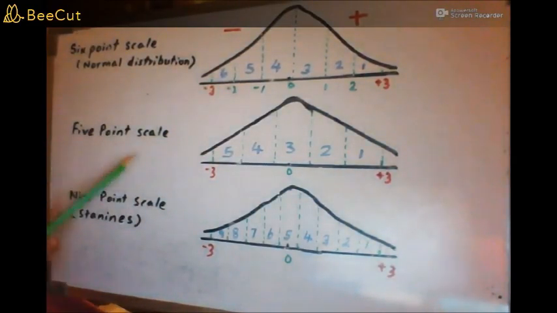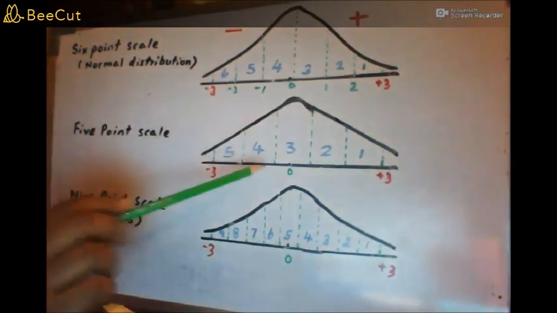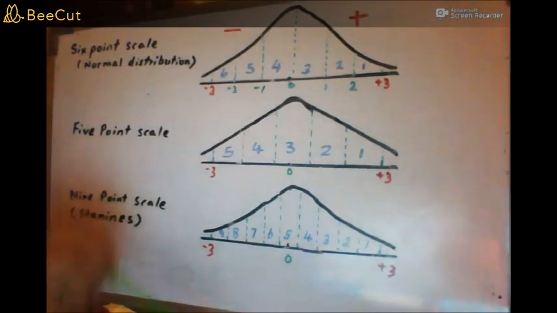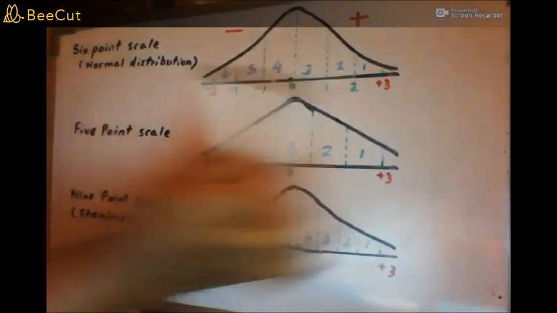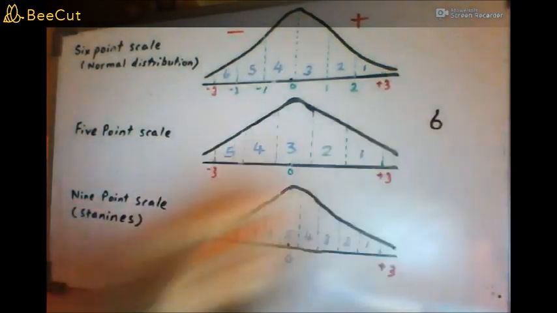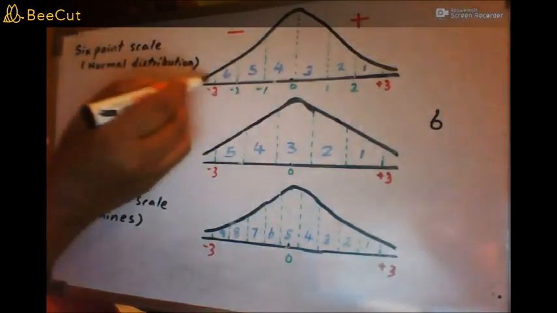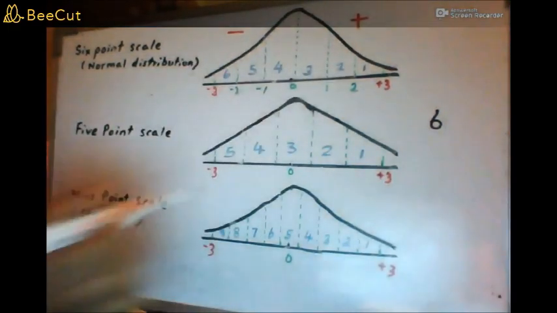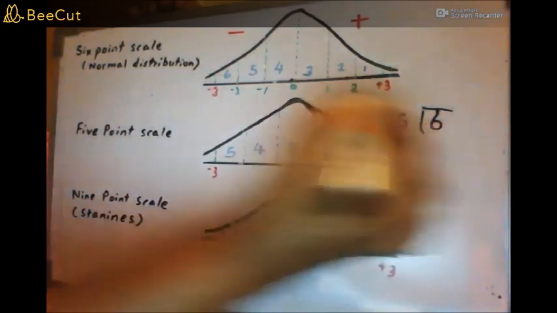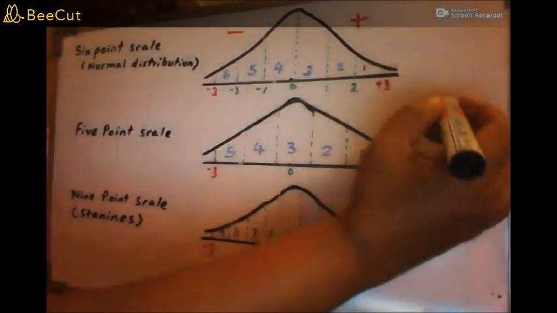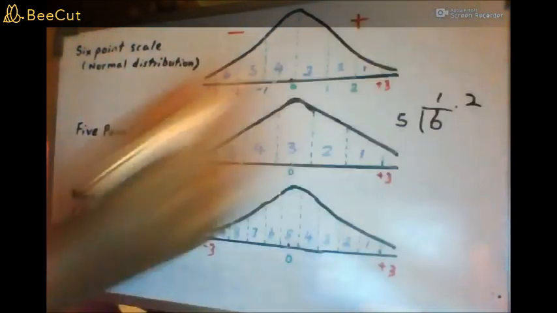Now in the 5-point scale, we divide the area into 5 equal parts. Right? So usually, you don't have to know this. Now there are 6 standard deviations. Here, 6 standard deviations. We are dividing this into 5. So it is 1.2.